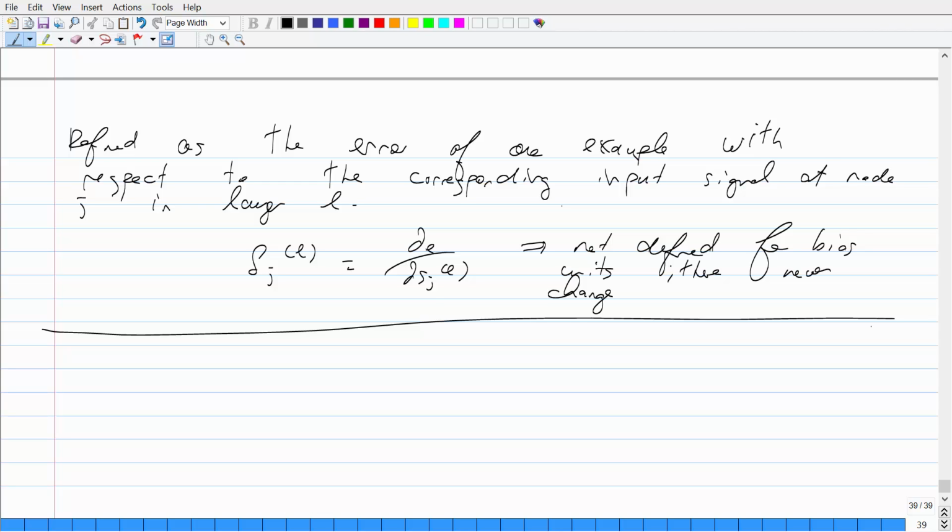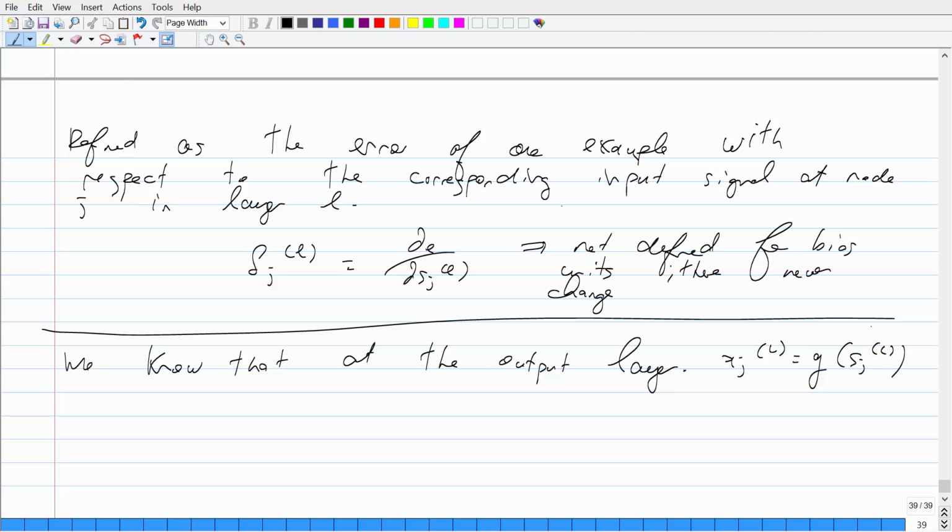Okay, all right. So what we're going to do now is do this recursively. We know that at the output layer, you're just applying the activation function on the inputs, as from before.